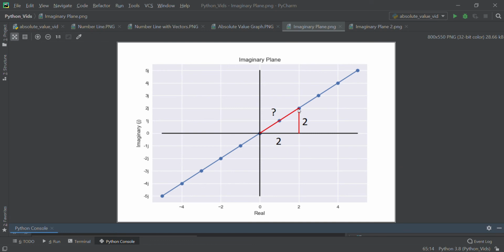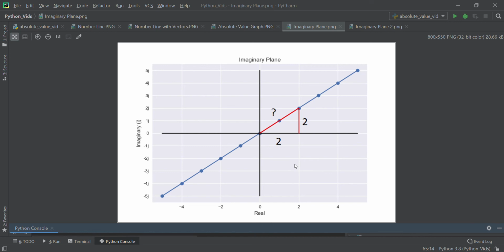And you may have guessed it from the image here, but what we've drawn on our graph is nothing more than a right triangle. And the line segment that we want to find the distance of is the hypotenuse of that right triangle. Python actually makes it very easy to find the hypotenuse of a triangle, but first let's do it in a more manual way, just to show you with the Pythagorean theorem.